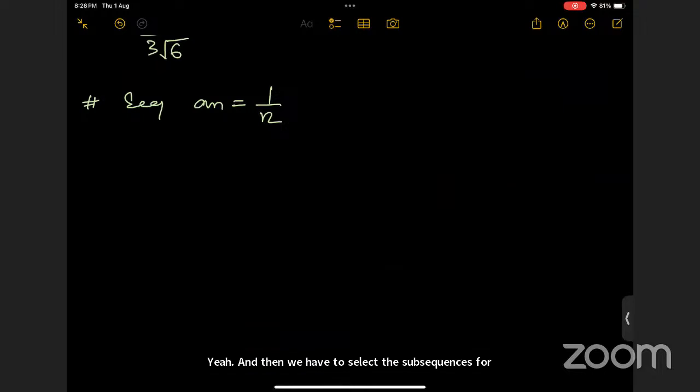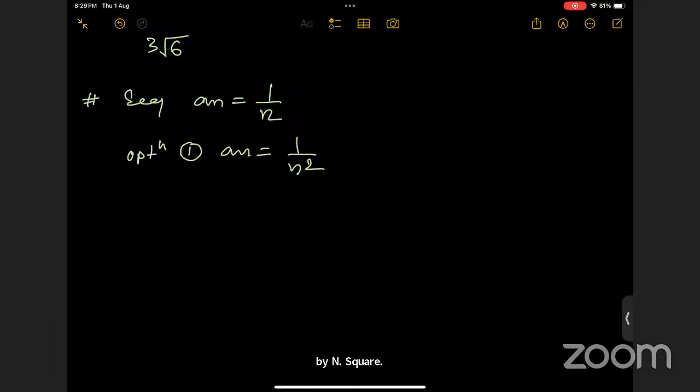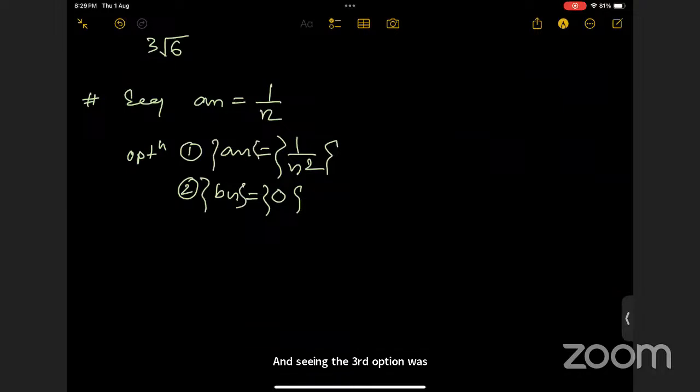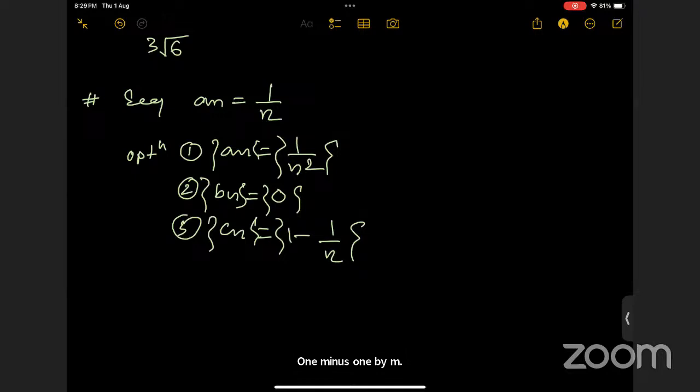The options given were: a, a_n equals 1 by n square; b, b_n equals 0; and c, c_n equals 1 minus 1 by n. Any other option? No, ma'am, only these three. Okay.